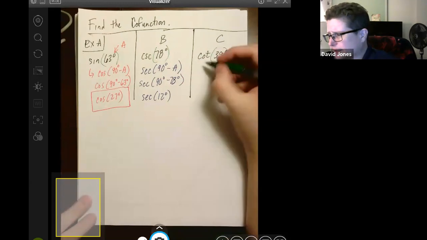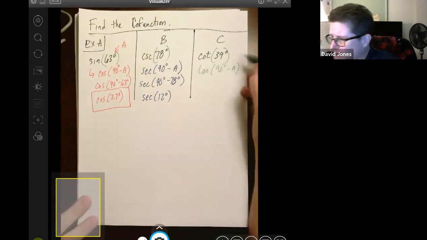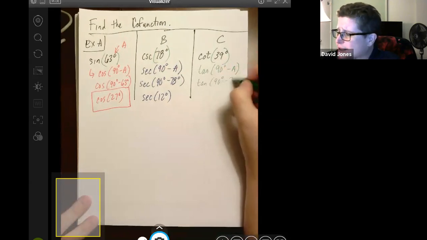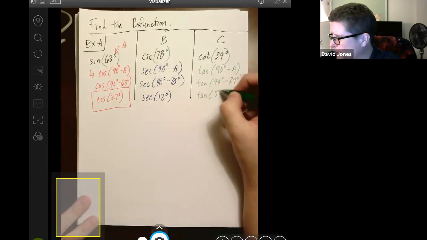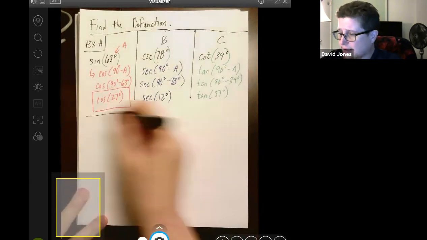And finally, cotangent goes with tangent. 90 degrees minus 39 degrees. 90 minus 39 is 51 degrees. That's how the cofunctions work. They can be handy.